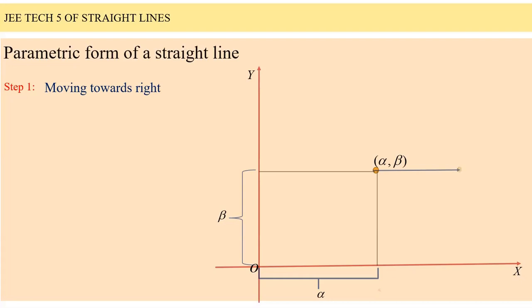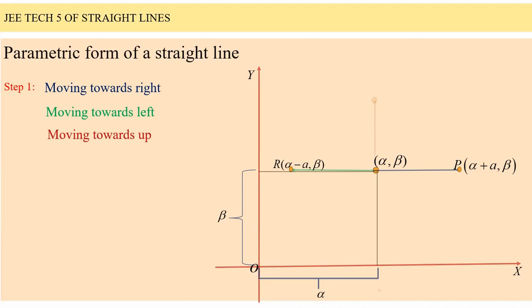For the x coordinate, a will be added, so it becomes alpha plus a comma beta. For moving towards the left with the same distance a, from the x coordinate a will be subtracted. It is alpha minus a comma beta.